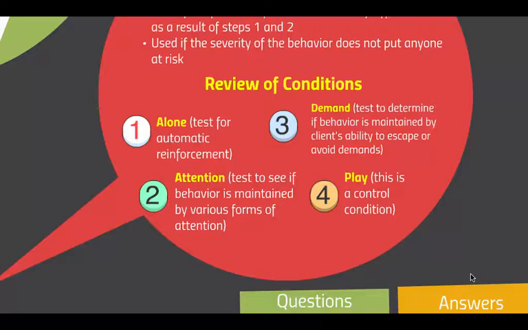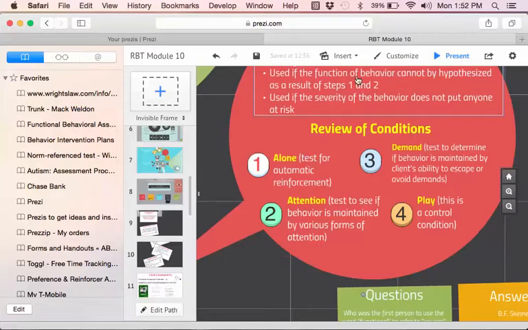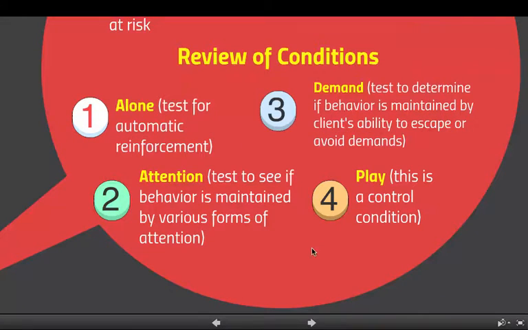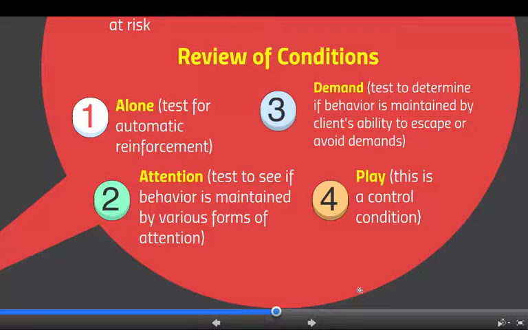So one of the conditions is that they will put the person in what's referred to as an alone condition. The alone condition will be conducted to make a determination as to whether the behavior may be automatically reinforcing, not socially mediated. The second condition is what's referred to as an attention condition.